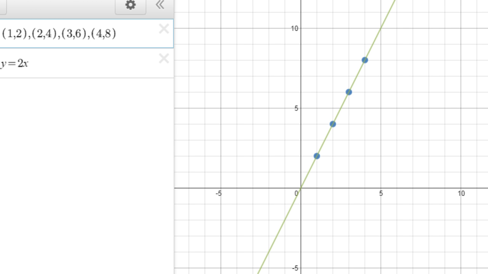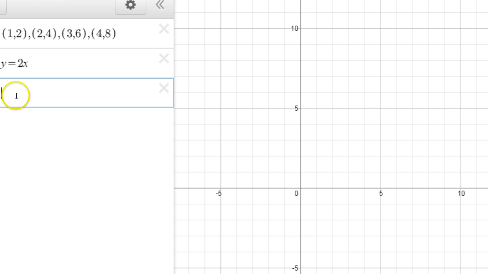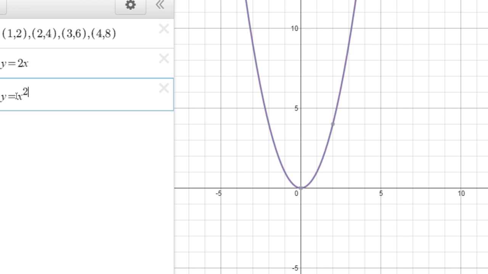Let's say we turn those off and actually had y equals x squared. If we were to graph the discrete data, we would have 0, 0. Well, that works out because that's on it. We would also have 1, 1.